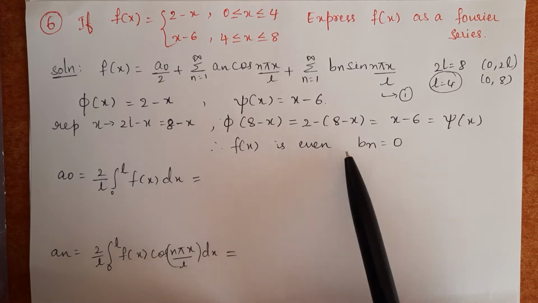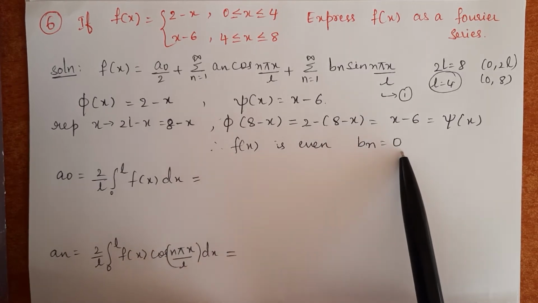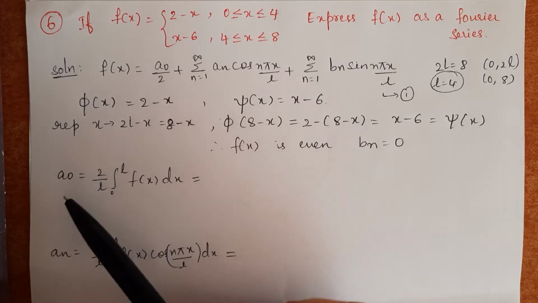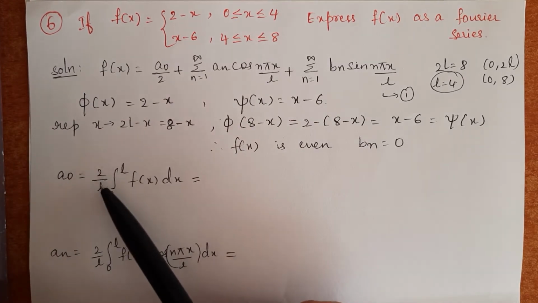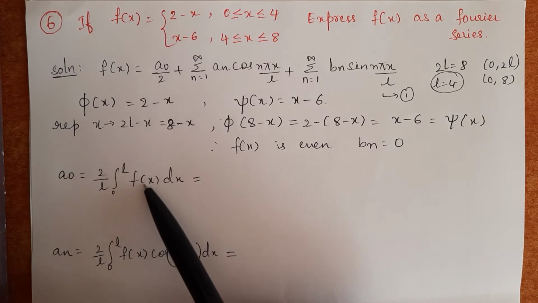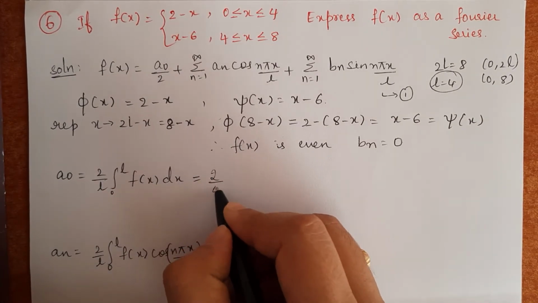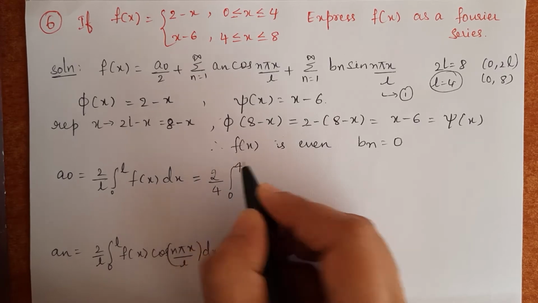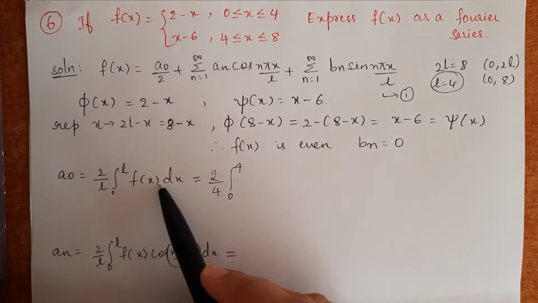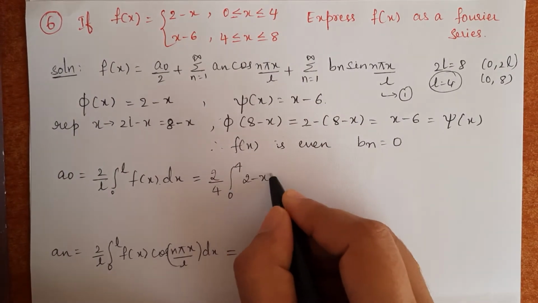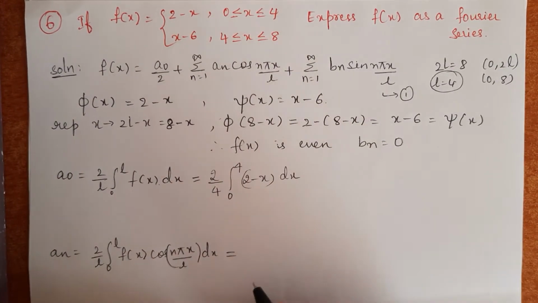Since the function is even, bn term is 0. We need to calculate a0 and an. a0 is given by the formula 2 by L integral between 0 to L f of x dx. So, 2 by L value is 2 by 4, integral between 0 to 4, my function f of x between the interval 0 to 4 is 2 minus x into dx.